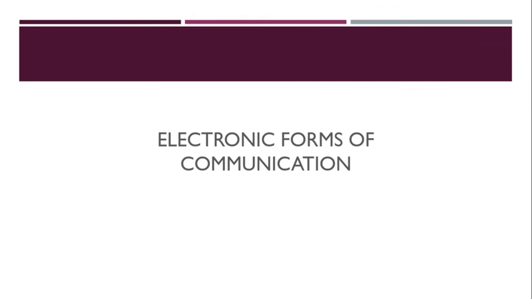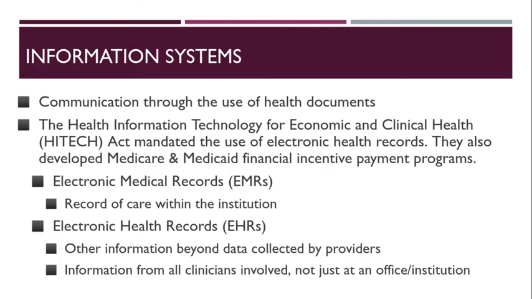Okay, electronic forms of communication. In information systems, there's communication through the use of health documents. Surprisingly, this is all fairly newly developed technology. The Health Information Technology for Economic and Clinical Health Act mandated the use of electronic health records.